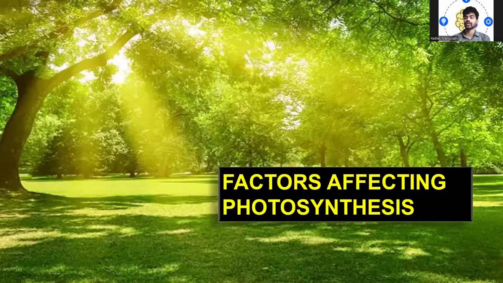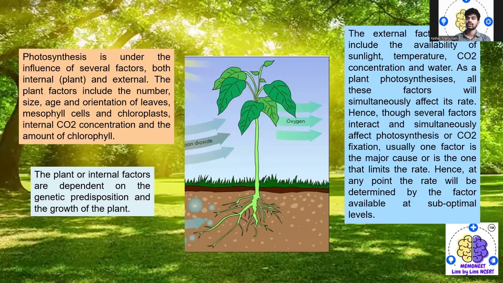Then we are moving to the factors which are going to affect photosynthesis. So what are the factors which are actually going to affect photosynthesis? Photosynthesis is under the influence of several factors, right? It could be both internal and external factors. Internal factors, in the sense, within the plants, and external factors.